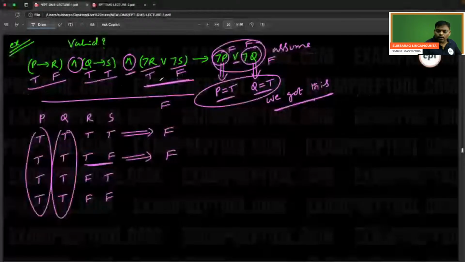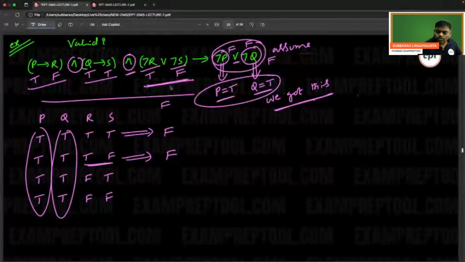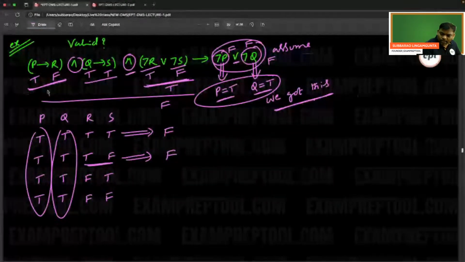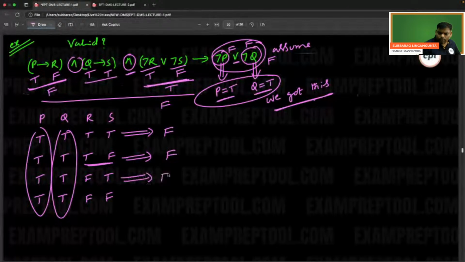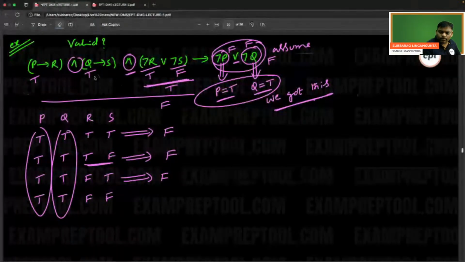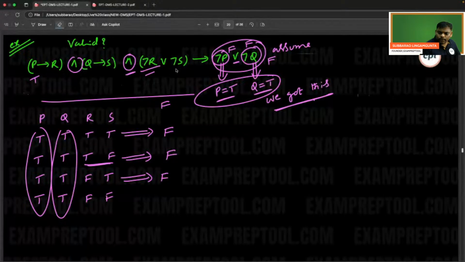True or false is true. Then with an AND operation, anything false makes it false. So this is also false. Till now perfect. Let's see the last possibility.